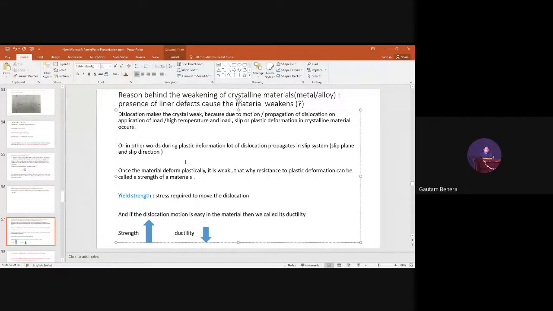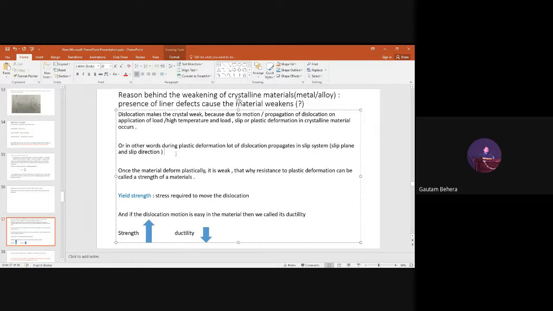And slip direction means in that particular direction the atoms are closely packed. In simple way, I can say, right? So that means a very low force or very low amount of load can easily move the dislocation in that plane in that direction. Less force will be required.